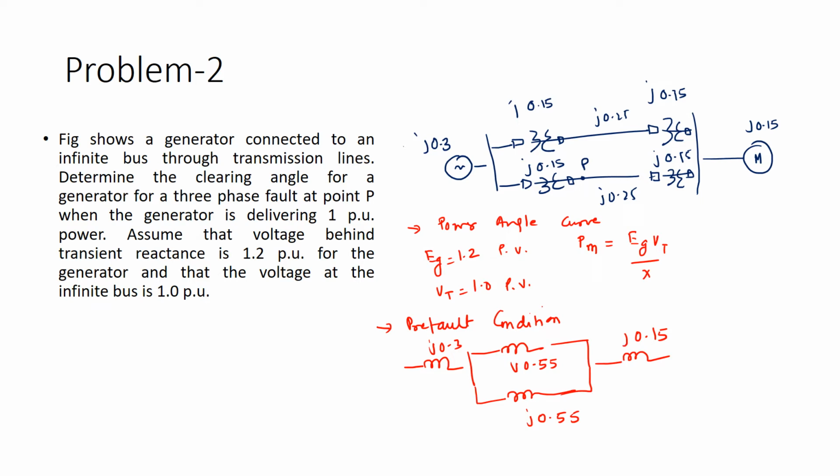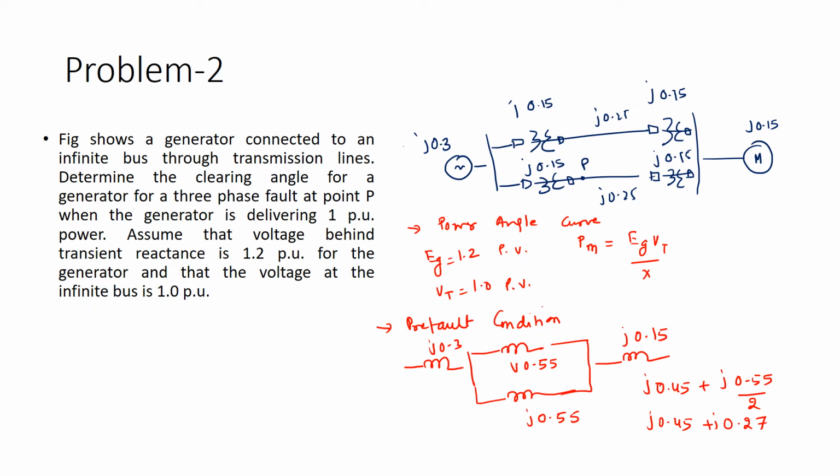So, when I accumulate all these, I will be able to get this equal to 0.45 J plus J 0.55 divided by 2. So, this comes out to be 0.275, J 0.5 plus J 0.25.